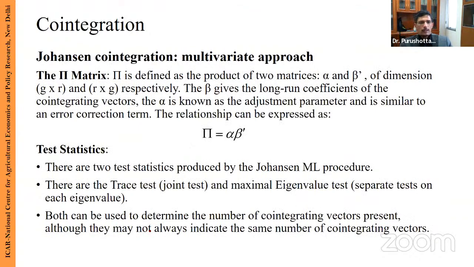I think we are not going to discuss much about it, but there are 2 types of test statistics. One is trace and another is eigenvalue. We'll see it practically also.